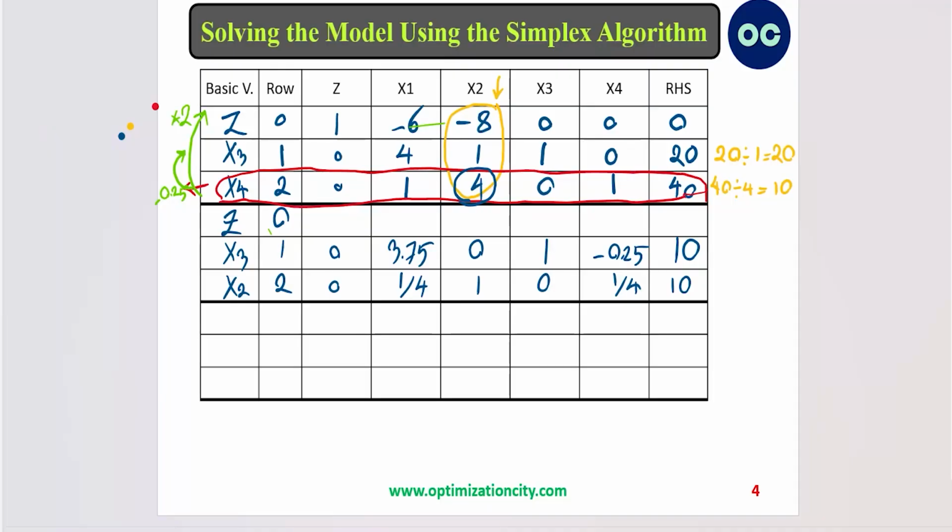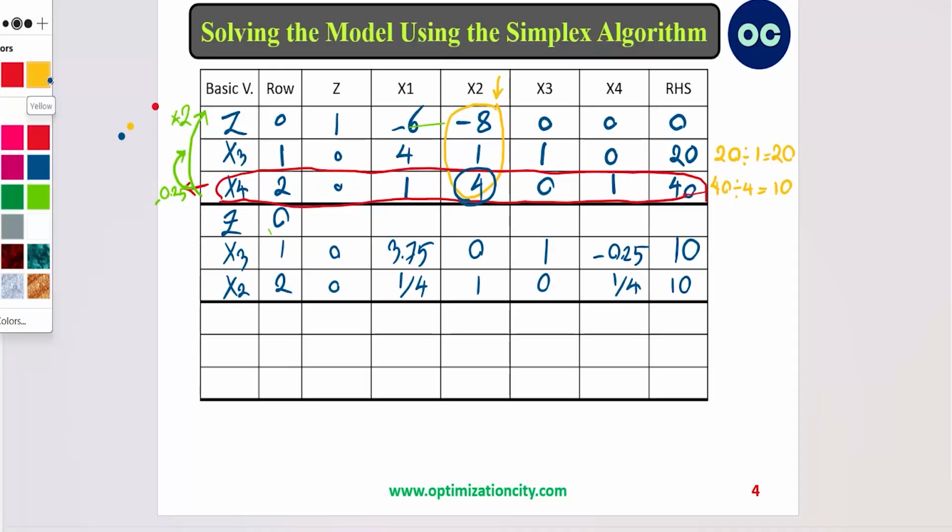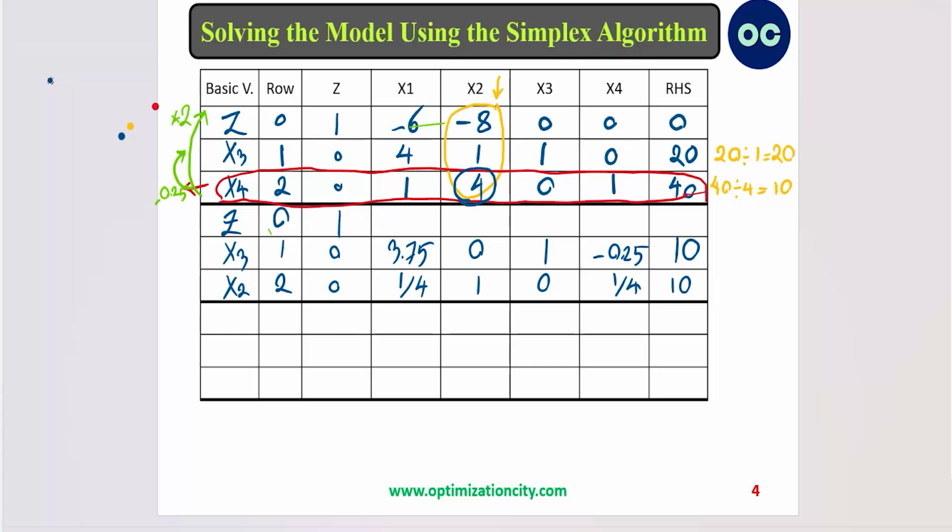So as a result, 1 multiplied by 2 and plus minus 6 would be minus 4. This is 0, this is 0, this is 2, and 40 times 2 plus 0 would be 80.